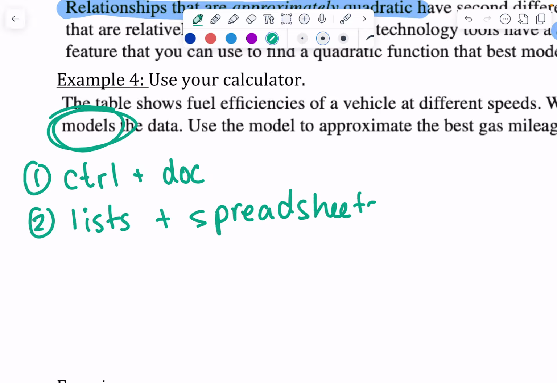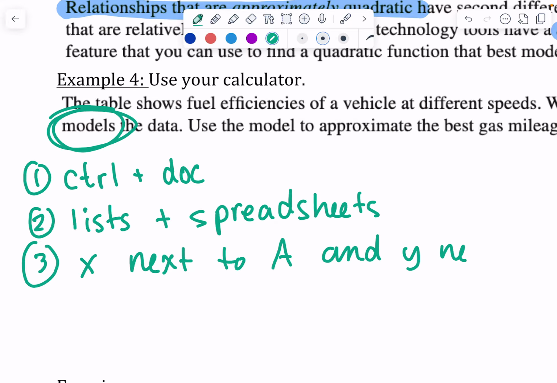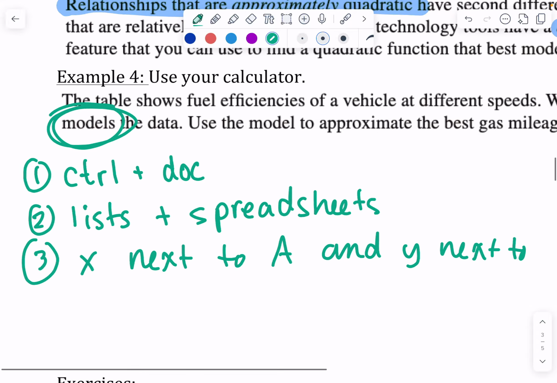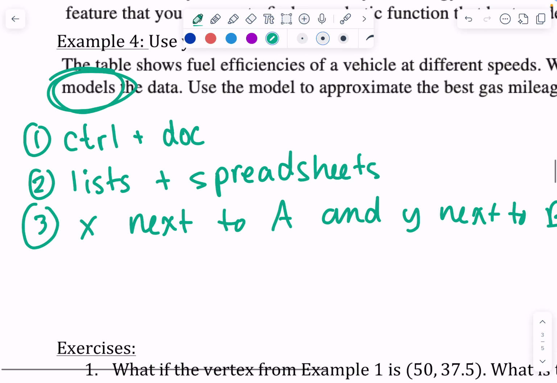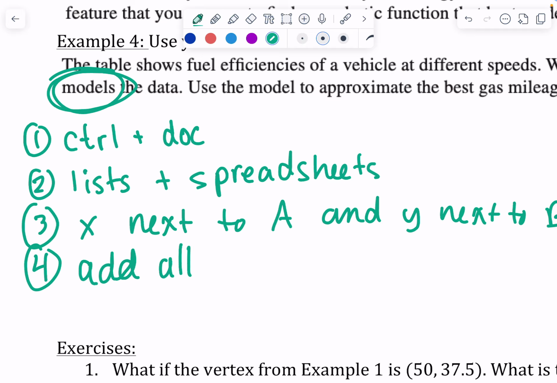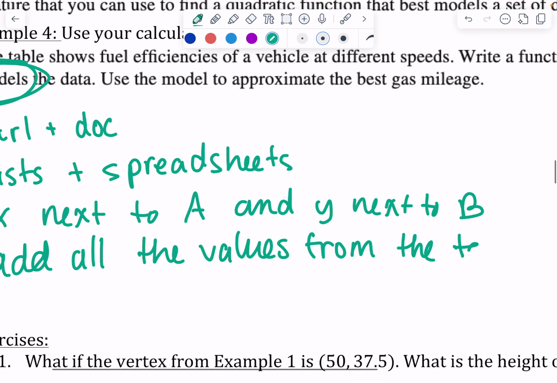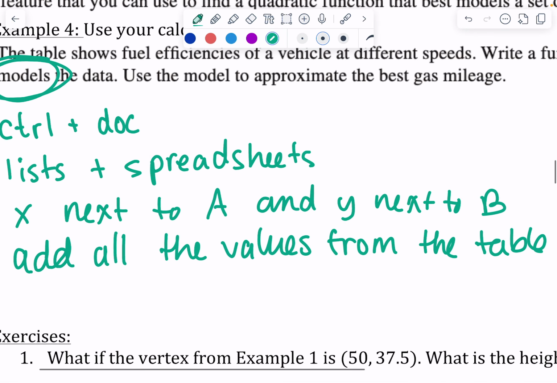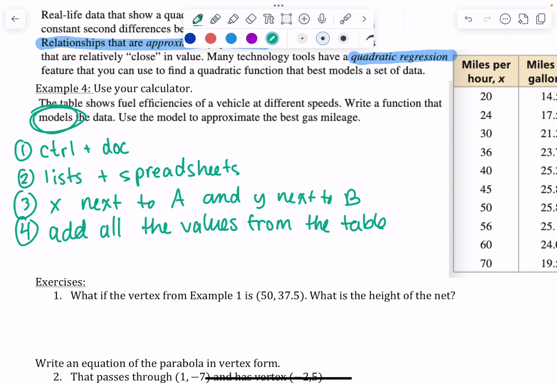At that point, you're going to get the table, kind of looks like an Excel sheet, and you're going to put X next to A and Y next to B. You're going to run out of space. Then you add all the values from the table. Hopefully you're just ignoring me at this point and doing it from your memory.